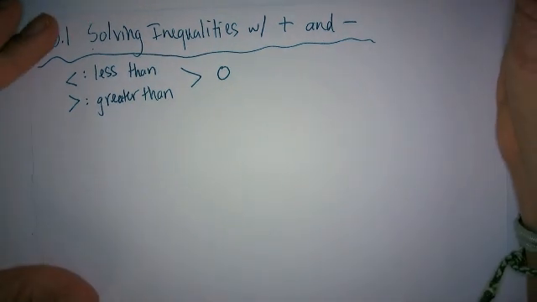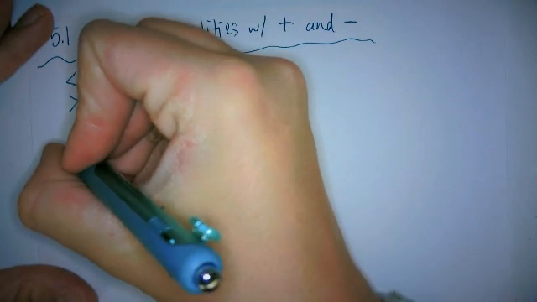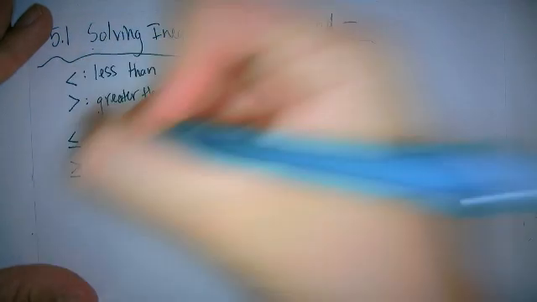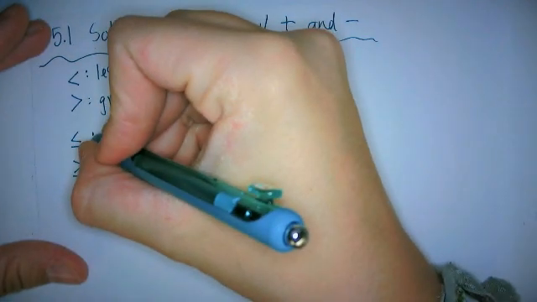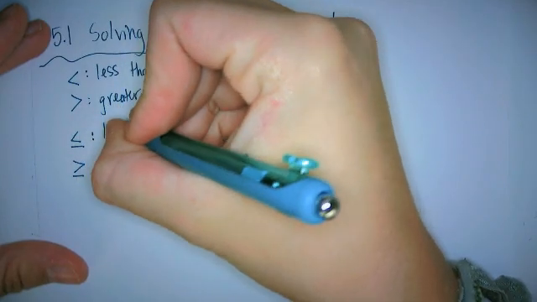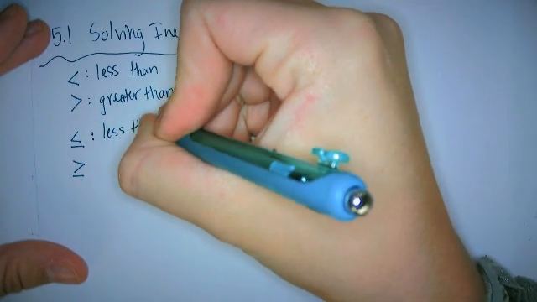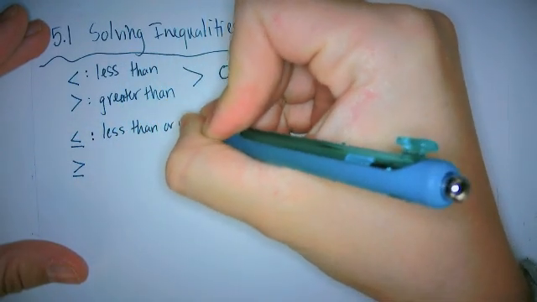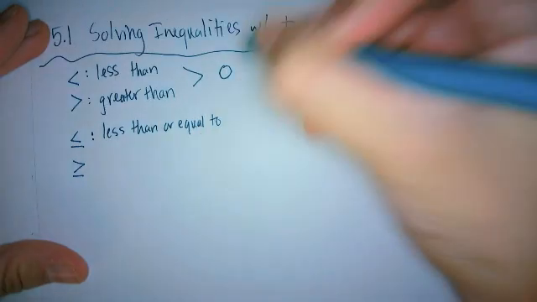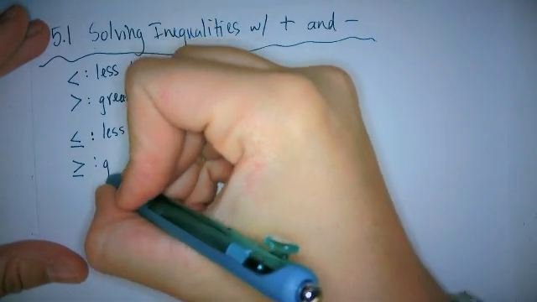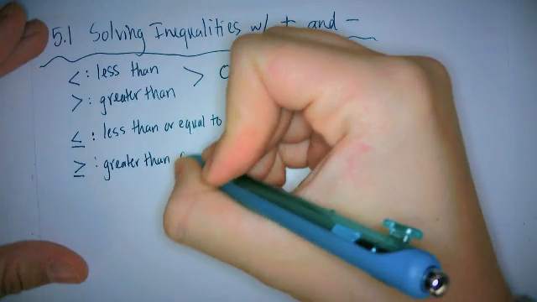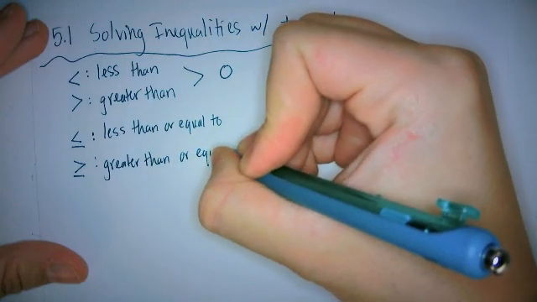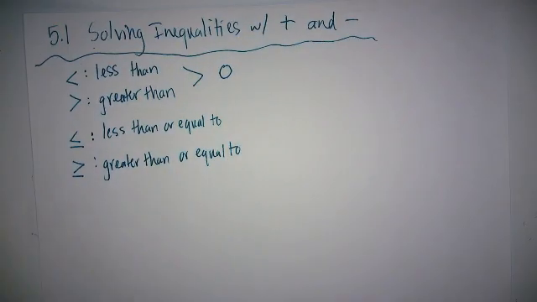Okay, our other two signs are very similar, but they have that line underneath it. Okay, that line underneath it, right? This is still a less than, but it's also or equal to, right? And then this would be greater than or equal to.